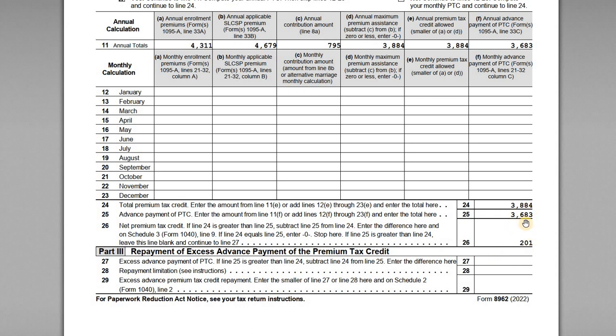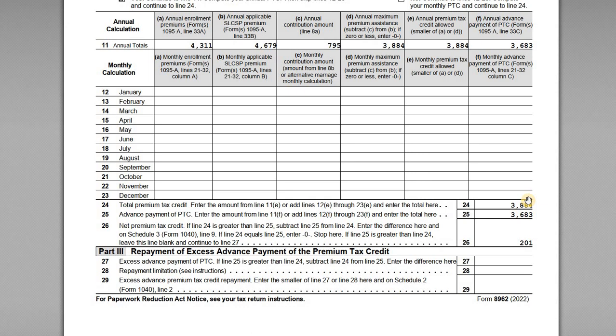If line 25 is greater than line 24, leave this blank and go to line 27. So here's what's going on with this question and the rest of the form. This is where we figure out if we actually get more of a tax credit, so it lowers our taxes for the year, or we have to repay some of the premium tax credit.